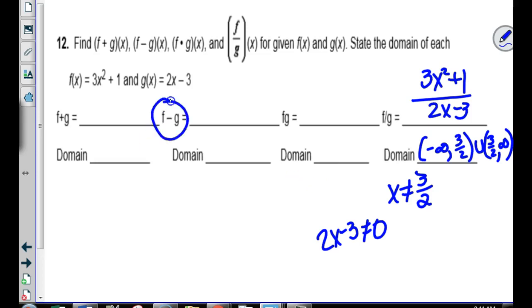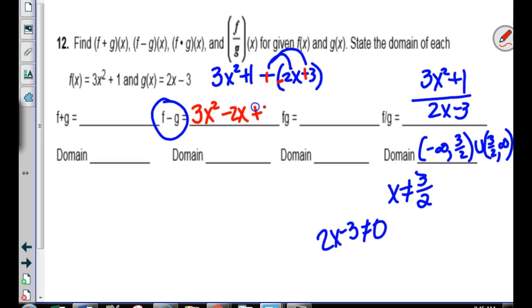Yeah. Subtracting. Because why? Yes, people don't distribute the negative. So when you take f, sorry, and you subtract g, it actually becomes 3x squared minus 2x, and then this becomes 1 plus 3 is 4.